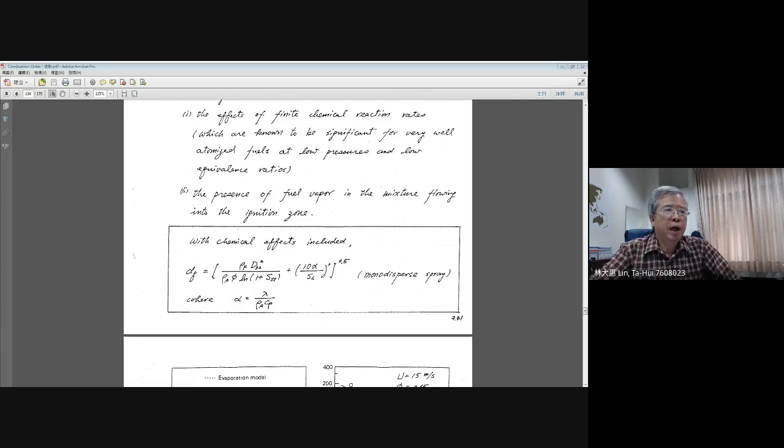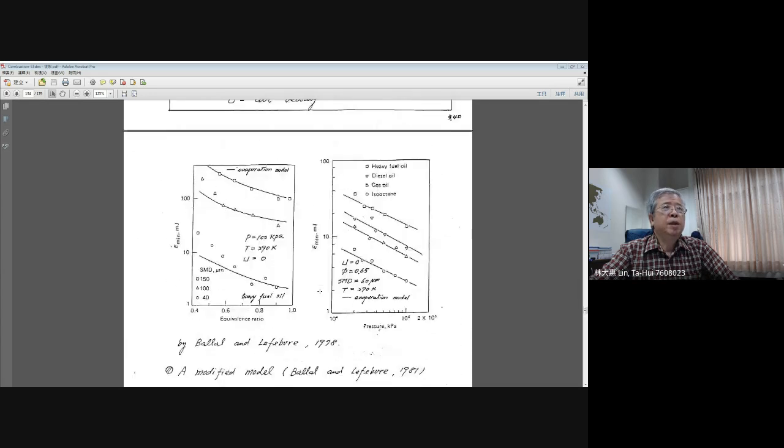Okay, now you bring the alpha into your consideration and try to look at the finite chemical reaction rate, described by the Spalding number. Here there is a Spalding number, and they bring the flame speed, S_L, in, because flame speed represents the real gaseous behavior.